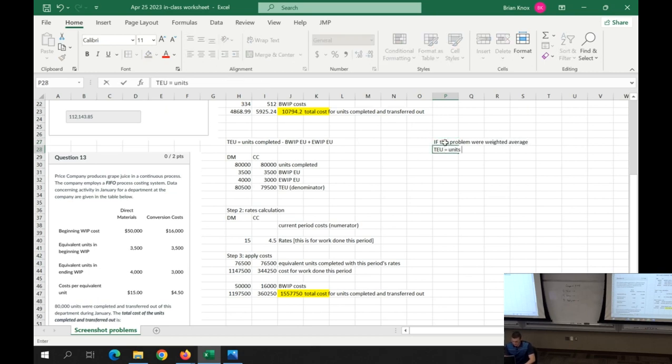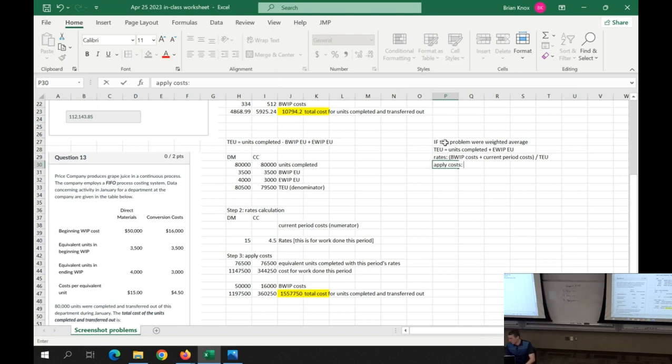Yes, exactly. So if it were weighted average, the equation is units completed plus ending WIP equivalent units, and then the rate. The rate is calculated by you sum beginning WIP costs plus current period costs, and then divide that sum by TEU, and then apply costs.